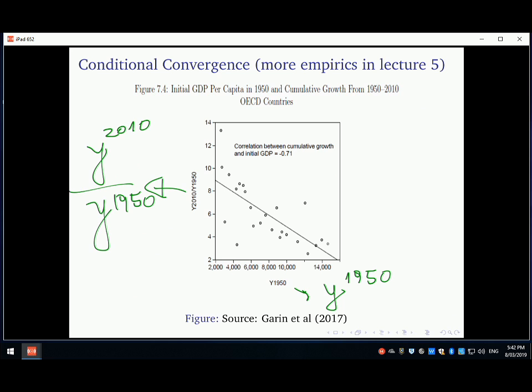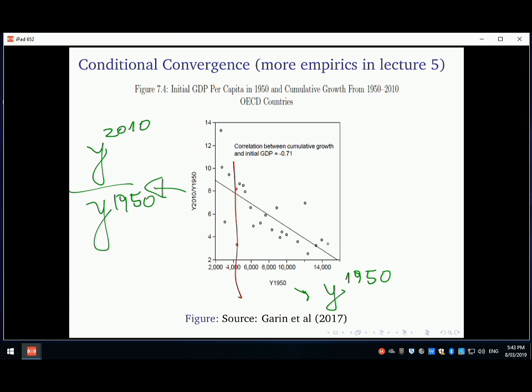countries are converging. The fact that this is a negative, downward slope means that countries that started out, say, over here, at that level, 4,000 US dollars, started there at the beginning of the sample.